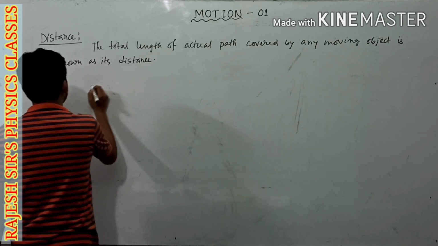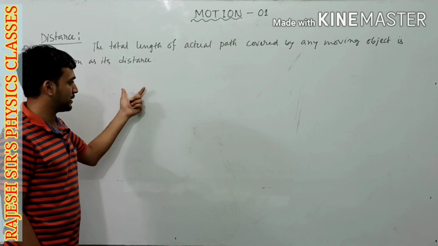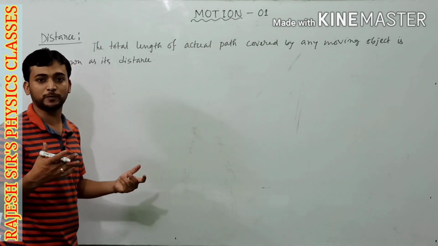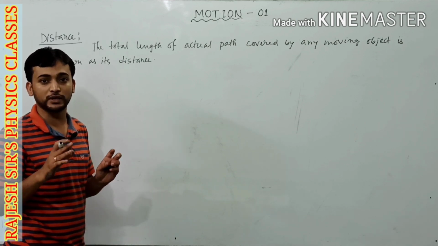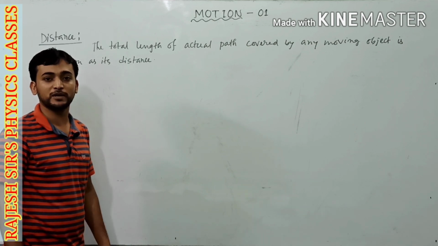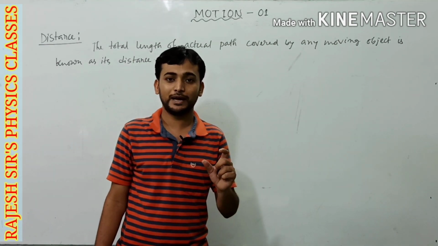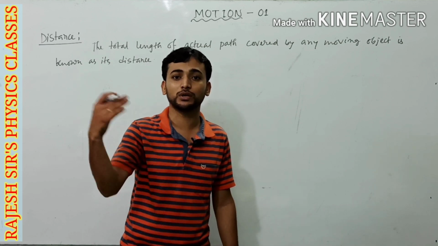So it is a physical quantity because it can be measured, and since it is measurable, after measurement we need to express the result. In order to express the result, we have to choose a proper unit, because without a unit, measurement is meaningless. If we don't use a proper unit against the value, then that measurement will not carry any meaning to the listener.